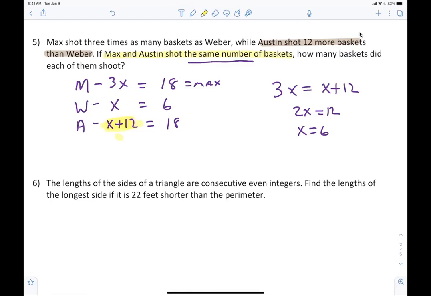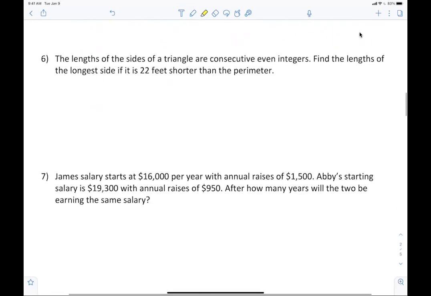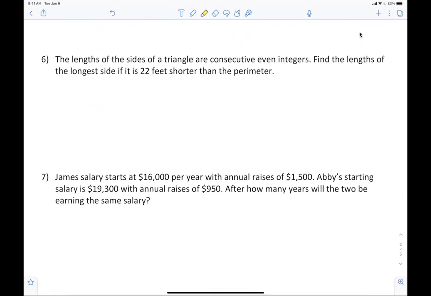All right. Here we go. The lengths of the sides of a triangle are consecutive even integers. Find the length of the longest side if it is 20 feet shorter than the perimeter. Now you understand why I asked you to write things down. If you don't write it down, you can't just divide by 3 and get the answer.